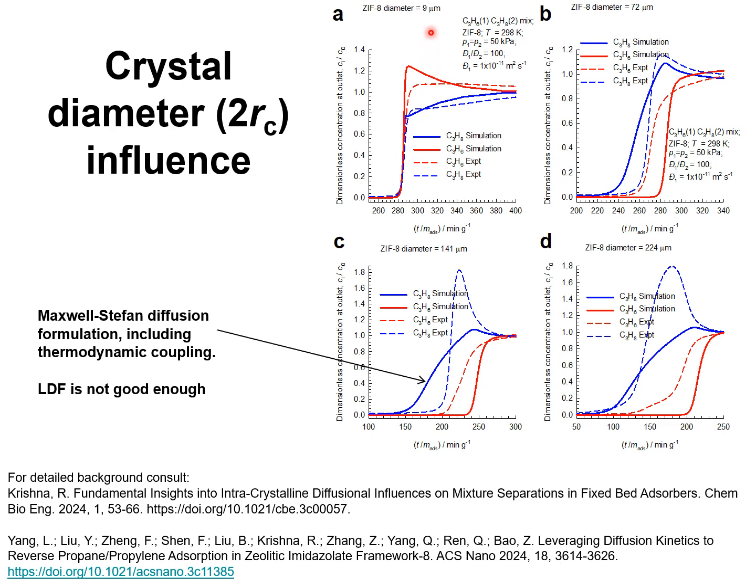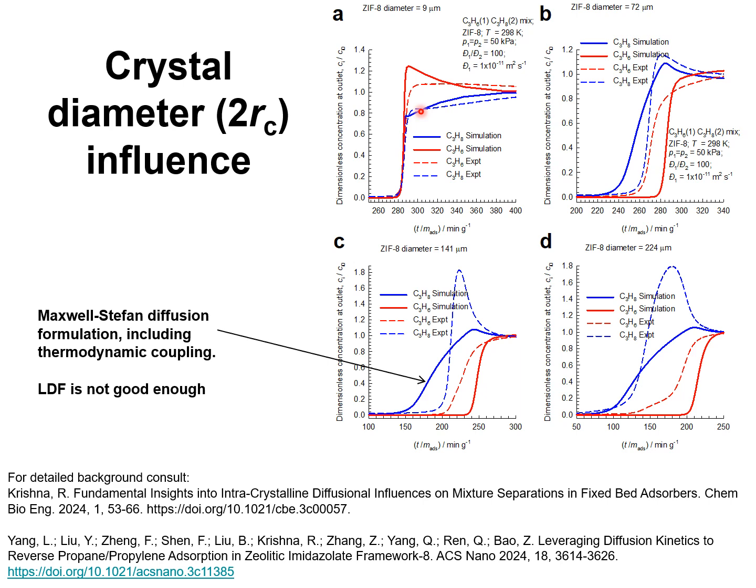For very, very small crystal diameters, say in this case of 9 micrometers, the propene exits the fixed bed slightly earlier than propane, because the adsorption strength is ever so slightly in favor of the propene.